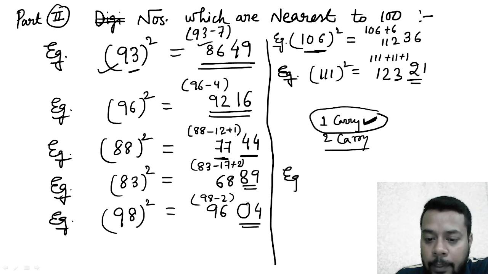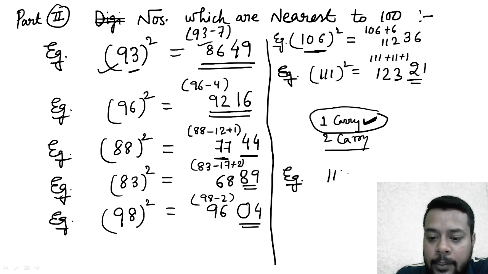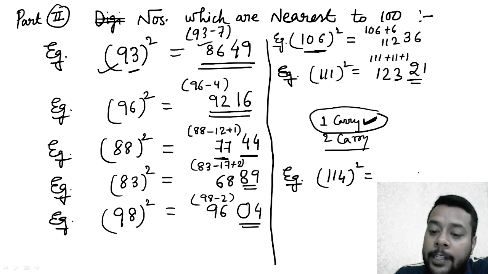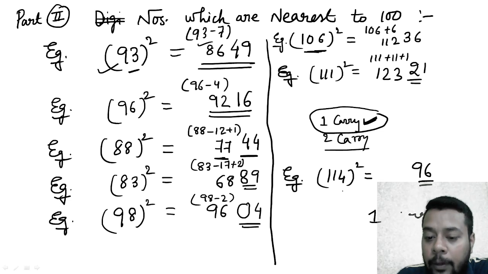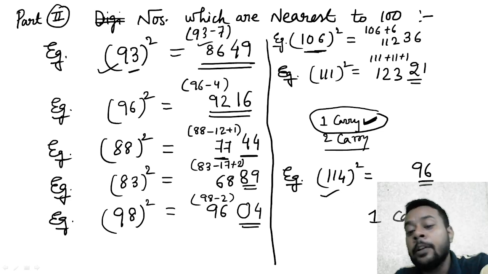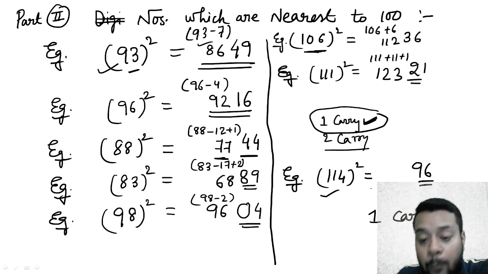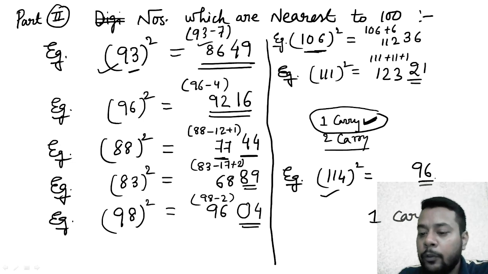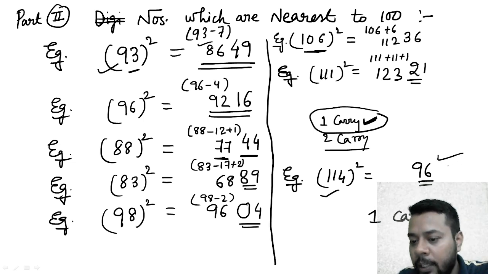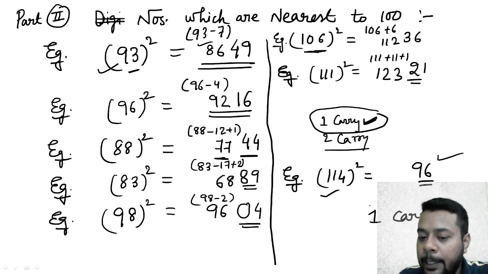Taking one more example, 114 square. So 14 square is what? 196. We have written it in 2-digit form and 1 is carry here. And since 14 was more than 100, try to understand in this question 114, we did the square of 14 and we got 196, where 1 is carry.